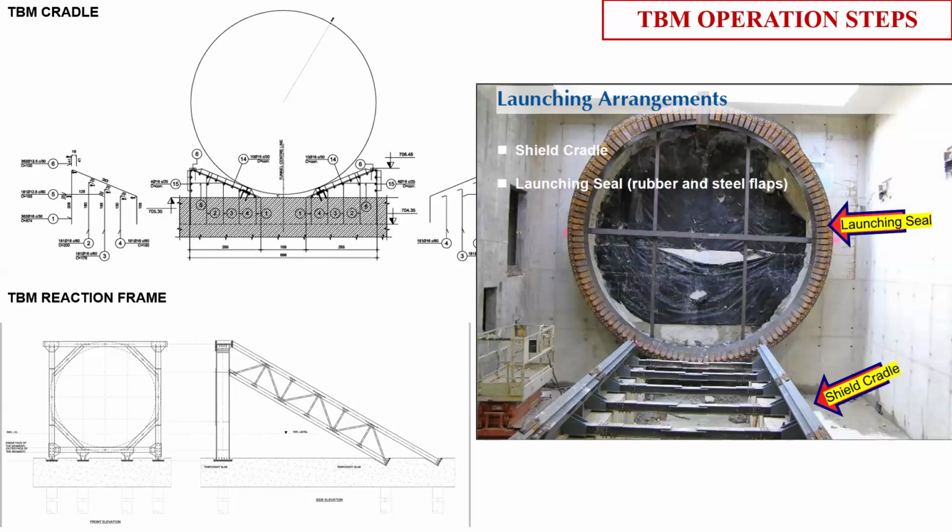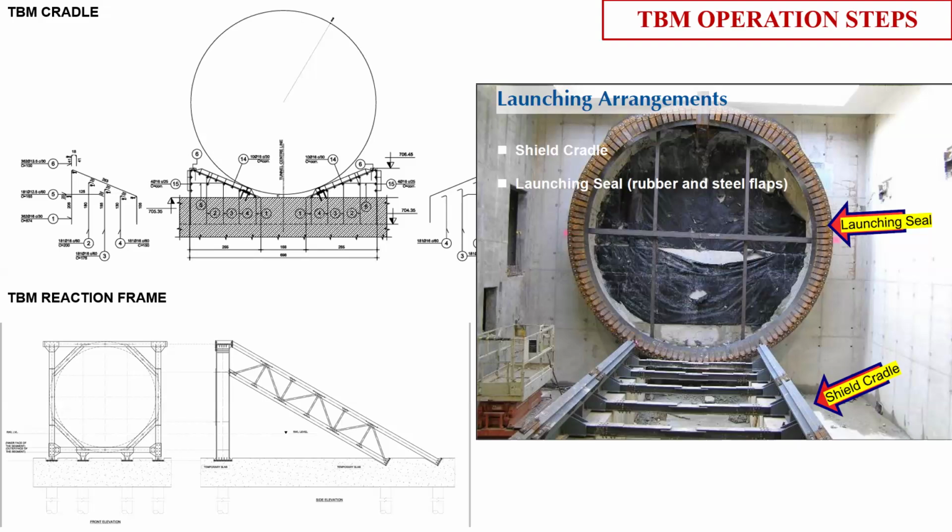When it is launching, any ground monitoring movement shall be taken care of. During the TBM launching there is very little movement, but you can put some instrumentation in your launching shaft, or on the ground.